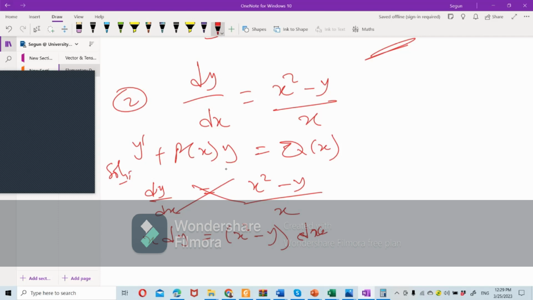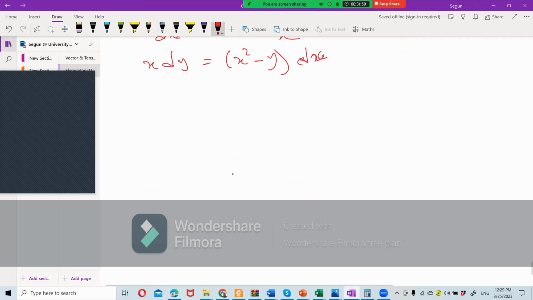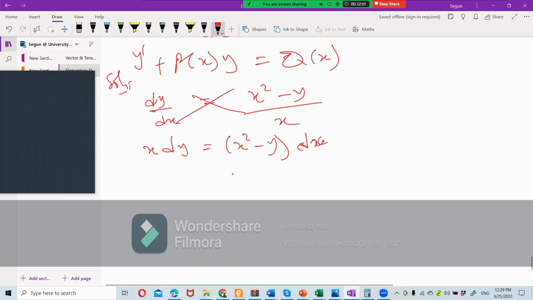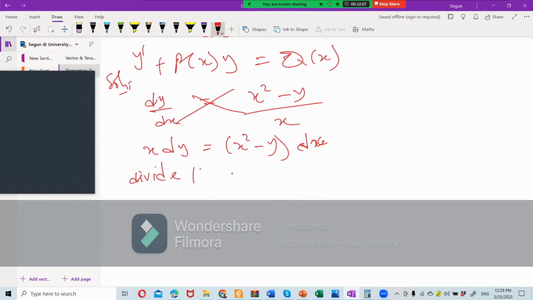So what do we do in this case? We can divide through by x dx. Divide through by x dx. Any question?